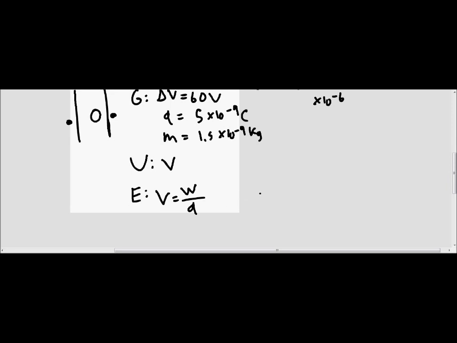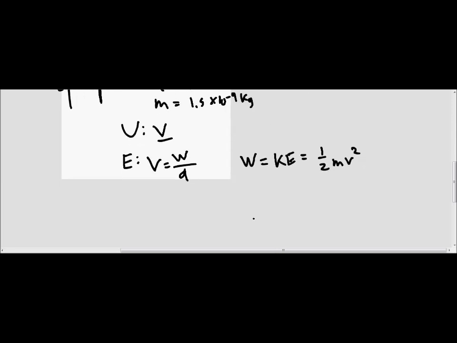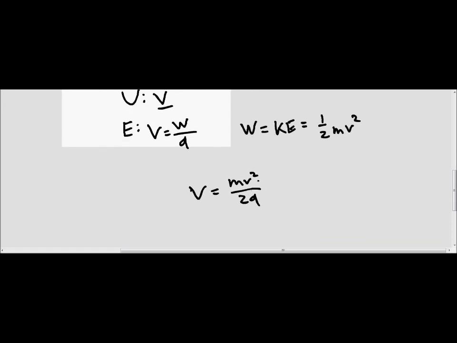The work in this case is the kinetic energy, because this is in joules, which is equal to 1/2 mv squared, just because we're trying to find the velocity. So if I put all this together, we have V is equal to mv squared over 2q, because this 1/2 goes onto the bottom of the fraction.